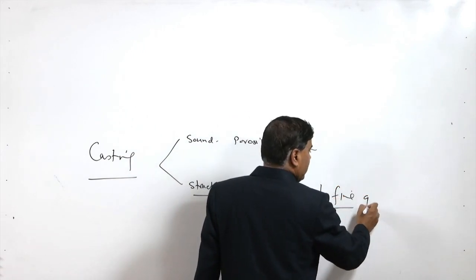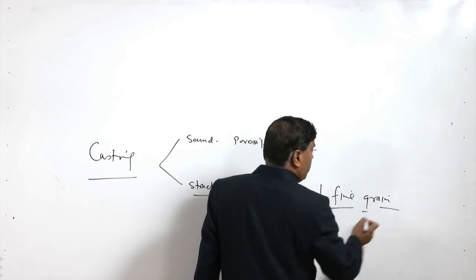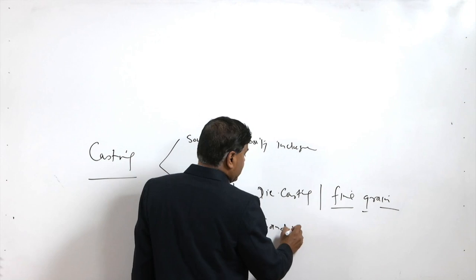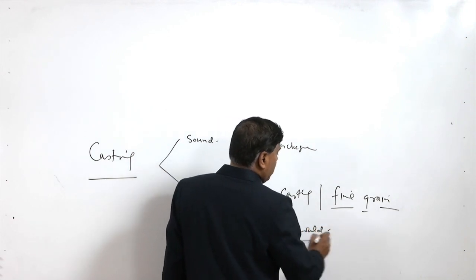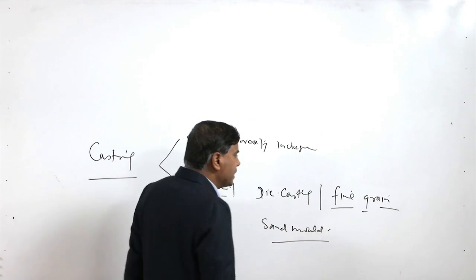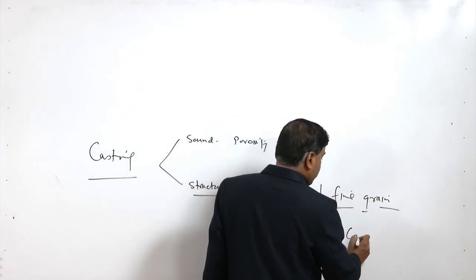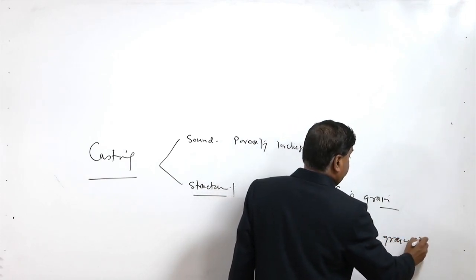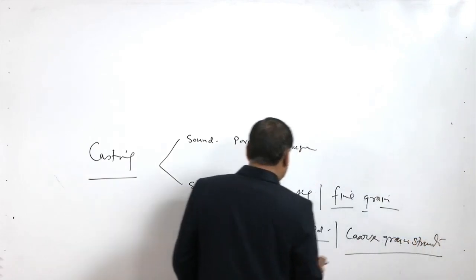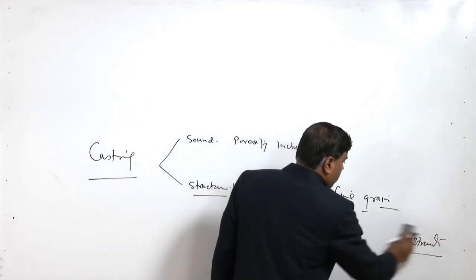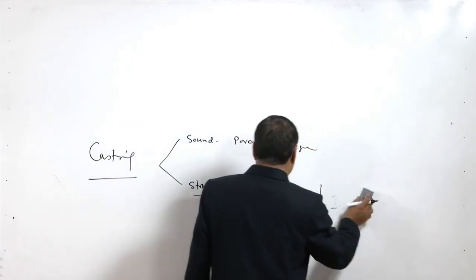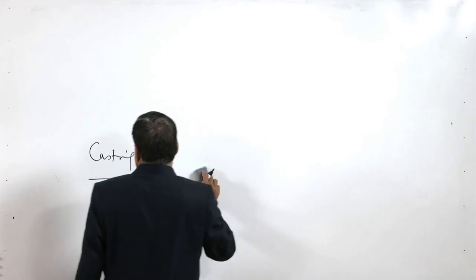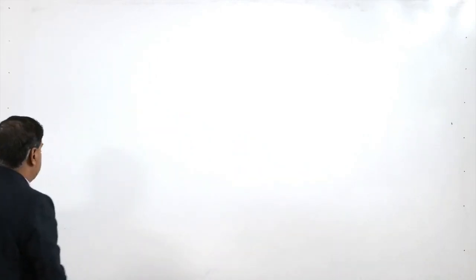That results in a fine grain structure, which in turn produces a very good combination of mechanical properties as compared to sand mold casting, which, due to lower cooling rates, results in a coarser grain structure. Therefore, castings made by sand mold casting are somewhat poorer as compared to metal mold casting or the die casting process.